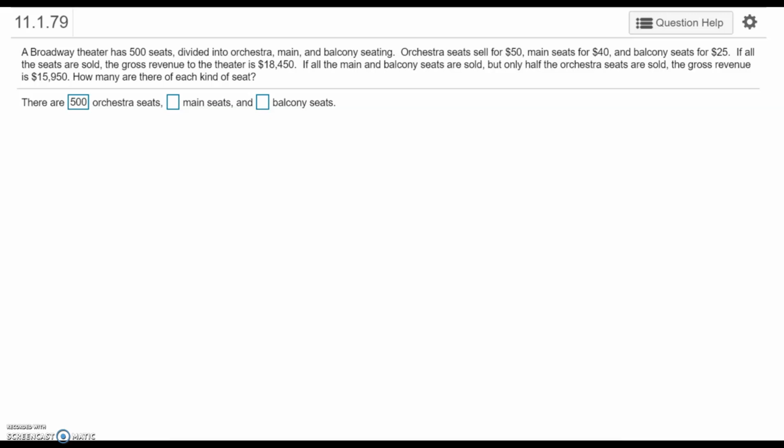I'm going to let X represent the number of orchestra seats. I'm going to let Y be the number of main seats. And I'm going to let Z be the number of balcony seats.